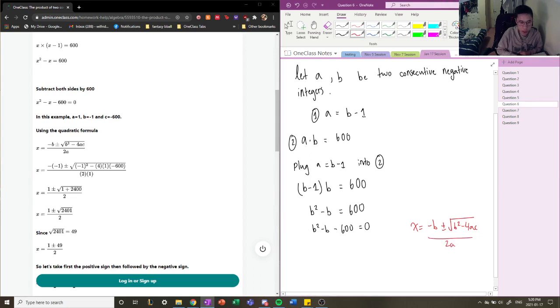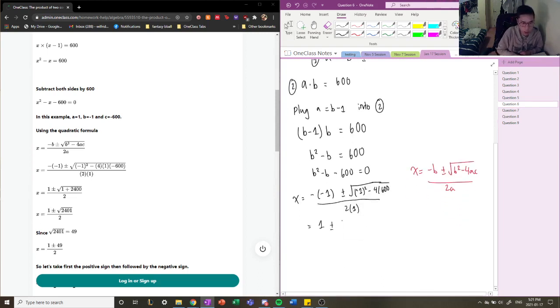Okay, so using this quadratic formula, we have negative times negative 1, plus or minus the square root of negative 1 squared, minus 4 times a, which is 1, times c, which is negative 600, divided by 2 times 1.